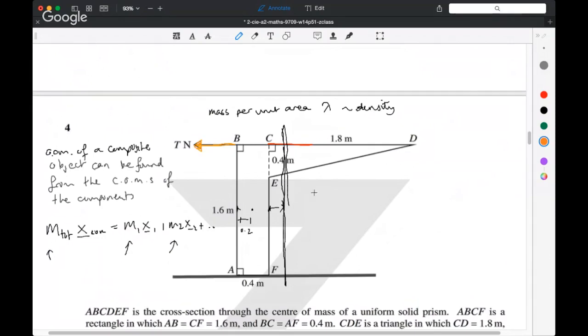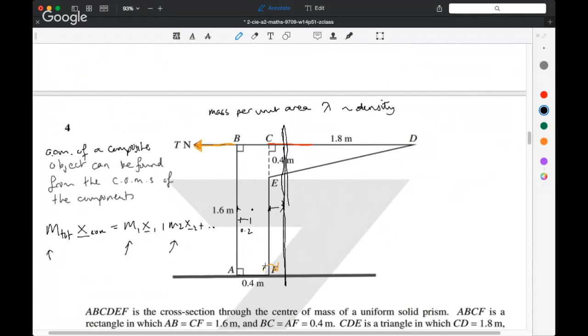Now, if it was in equilibrium, maybe you would have one of two things happening. If, say, T was gone, then you would have this prism toppling. So where would it topple? It would move around F. So we're looking at two different cases here. The first is one where the weight of the thing is sort of overcoming the tension.